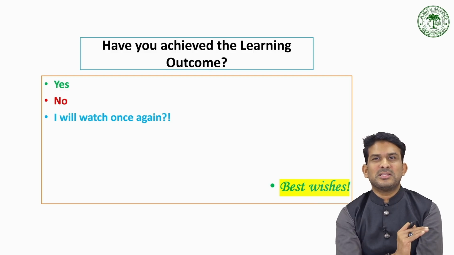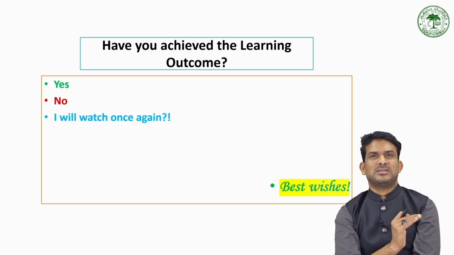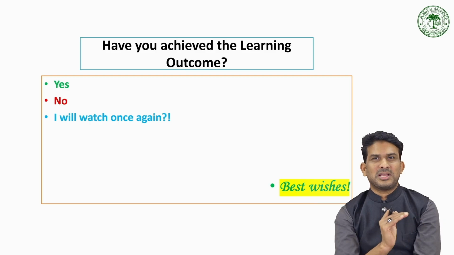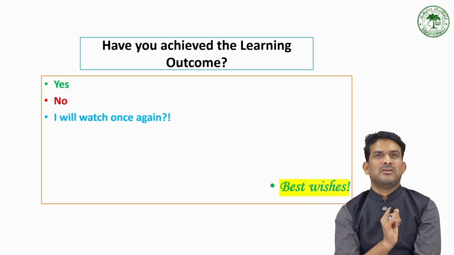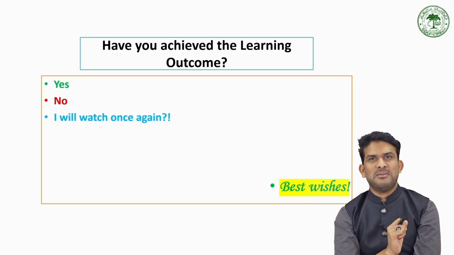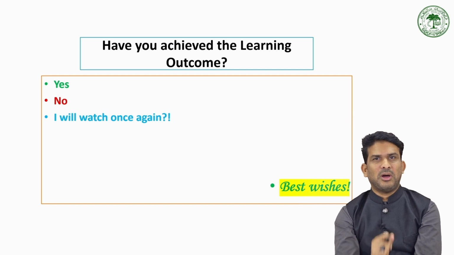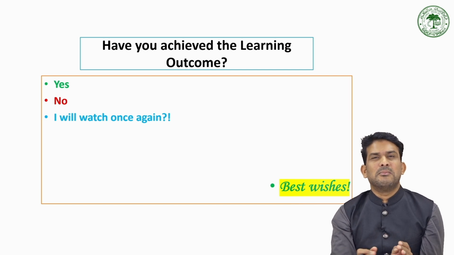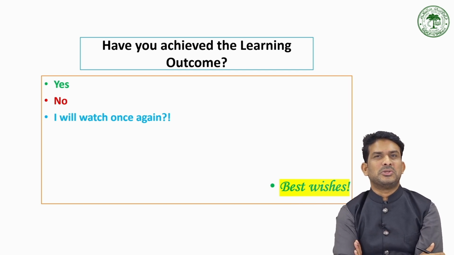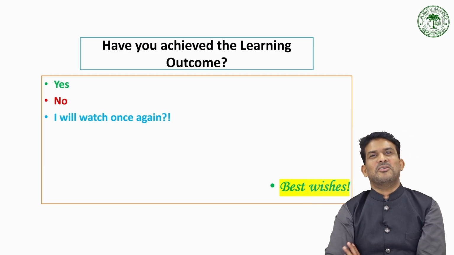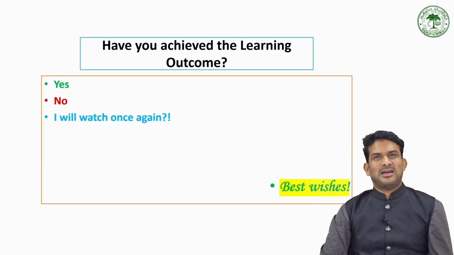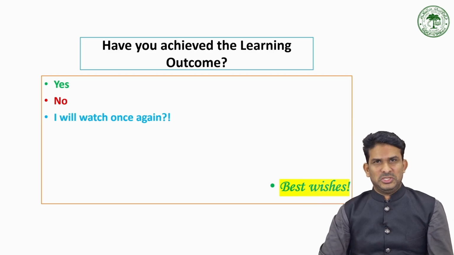Whatever we have learned in the related lecture regarding quartile deviation, we applied both Q3 and Q1 to get the exact value of quartile deviation. How did you get it? Yes, quartile deviation is Q3 minus Q1 by 2.